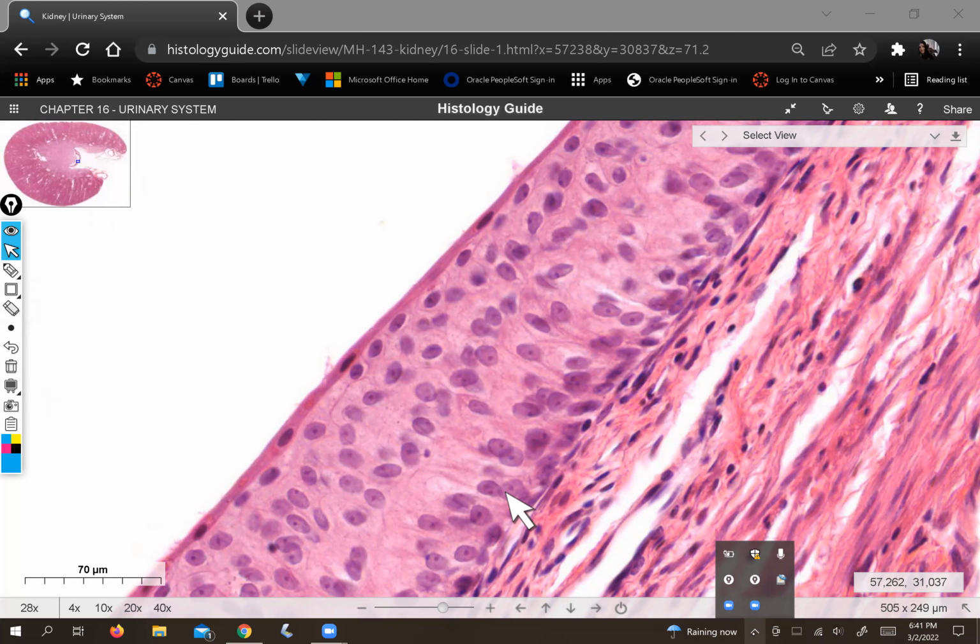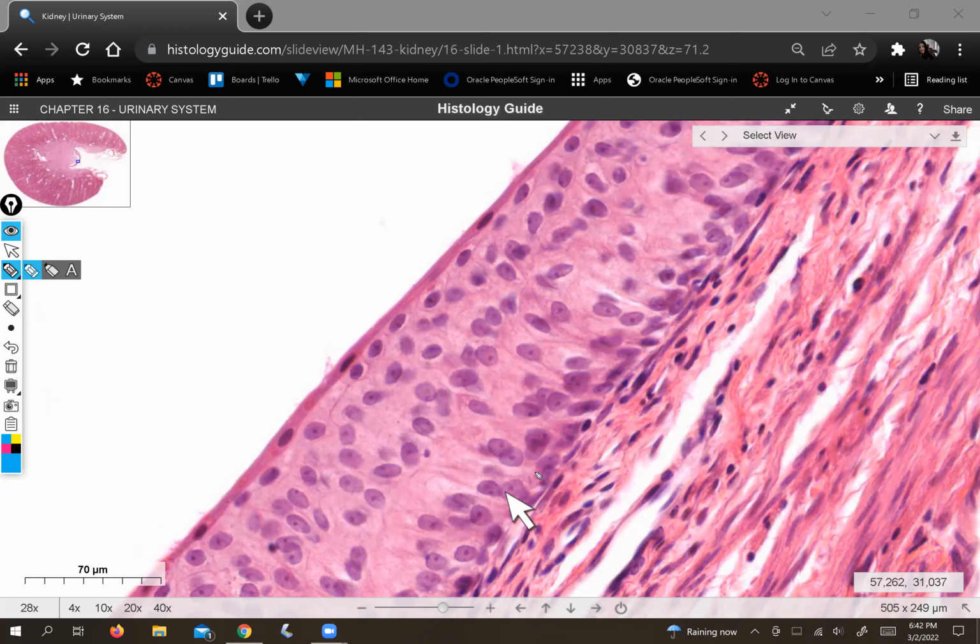So the deal with distinguishing transitional epithelium, also called urothelium, from stratified squamous, which this is not, is to note the cell shape. In stratified squamous epithelium, the basal cells look pretty round. And then the further up you go, starting about in the middle of the tissue, the cells start to flatten out, and that is most visible by observing their nuclear shape.